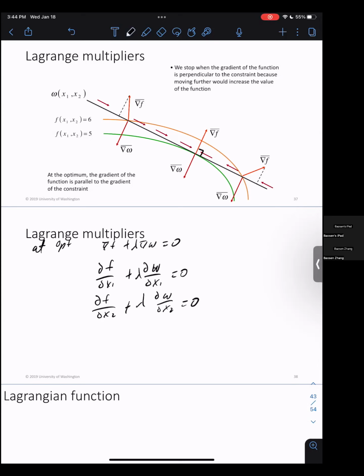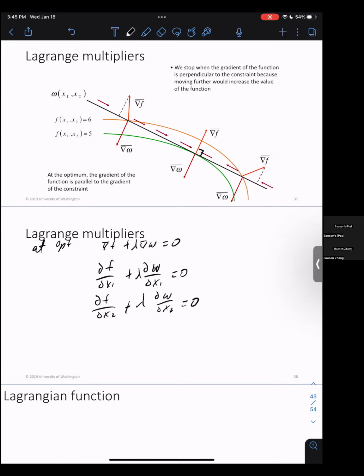Three variables, two equations. Can I get one more equation for this? If I have one more equation, I'll be done. I have three variables, three equations. I can solve the system of equations. I'm done. This comes from the fact that these two have to be parallel.